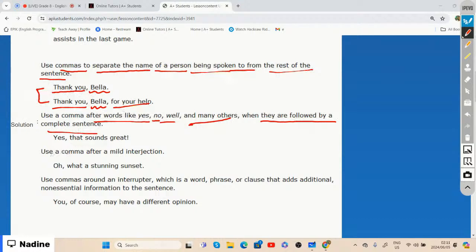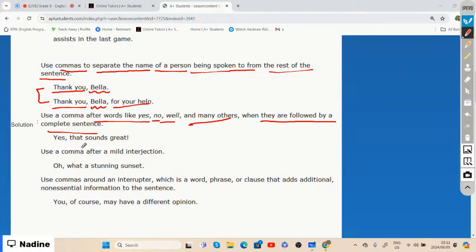So if I say yes, and I explain why I say yes, or I say no, and I explain why, or I say well, and I follow with a few words to complete the sentence, then we need to add a comma.